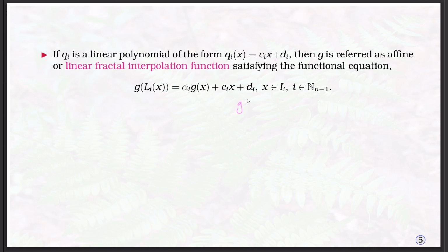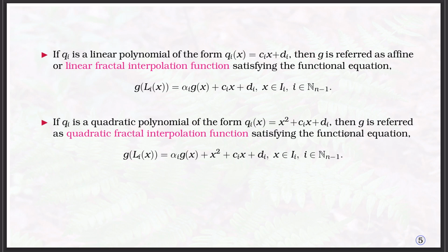So, one can get g of Li of x equal to alpha times g of x plus Cix plus di. And similarly, instead of this affine form, if you are taking qi of x in the form of x square plus Cix plus di, one can get the non-affine form like this.